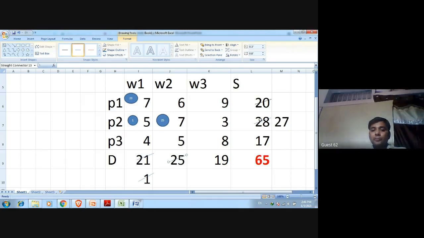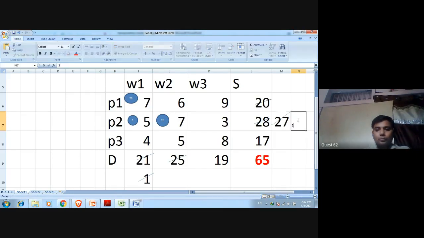Okay, but plant P2 had 27 units and it has given only 25 units. So how many units has the plant P2 left? That is 2 units. Okay, so 2 units are left with plant P2. Okay, now next come to here.